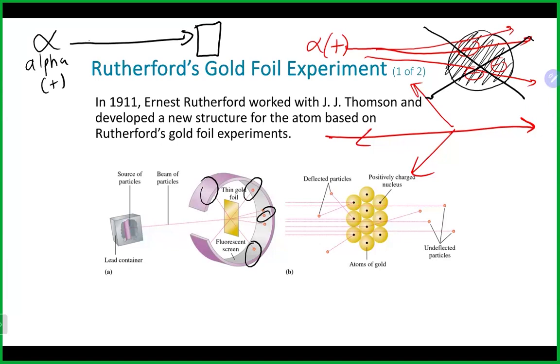So they said, well, we have to really throw out the plum pudding model and go, clearly the atom is mostly empty space, which accounts for why all those things went through no problem. And maybe our positive charge is not spread out all over the place, but maybe if I took my paper in my example and I folded it, right, all my positive charge down, which clearly you could just fold your positive charge if you need, right?